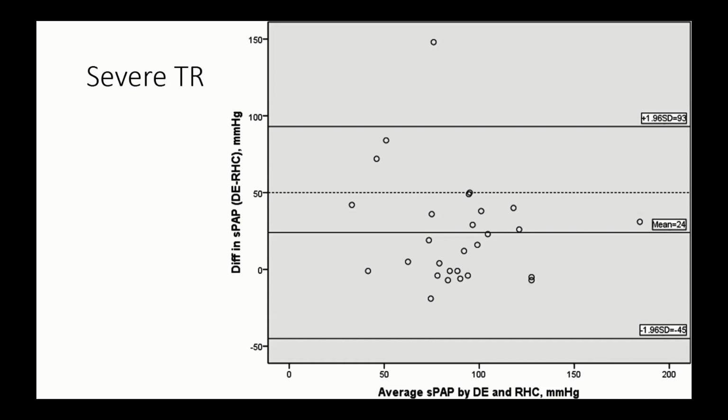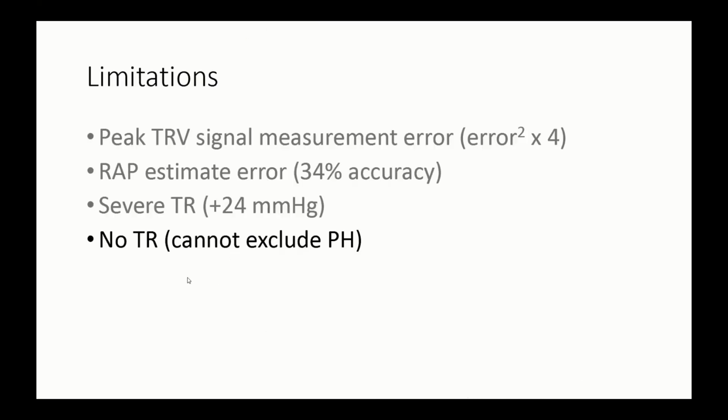The other idea is that with severe TR, you have a highly distended, non-collapsible IVC, so you end up overestimating the right atrial pressure while in reality, when you directly measure the pulmonary artery pressure, you realize that the right atrial pressure is not really contributing to the pulmonary artery pressure in those patients.